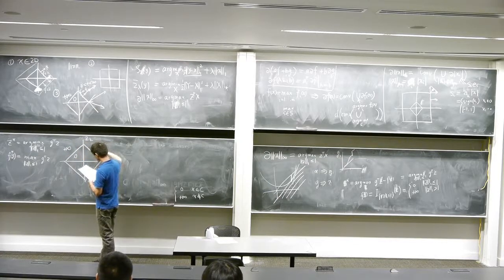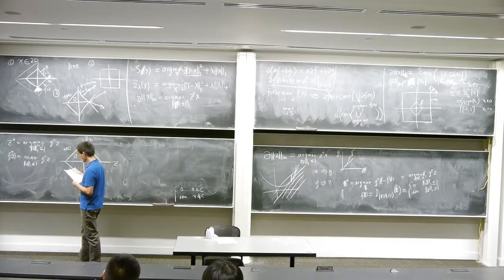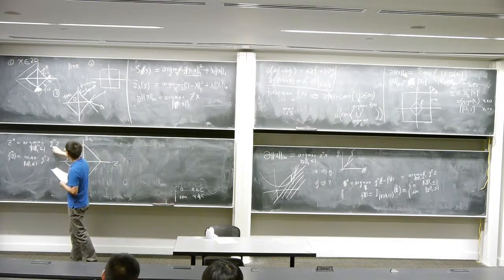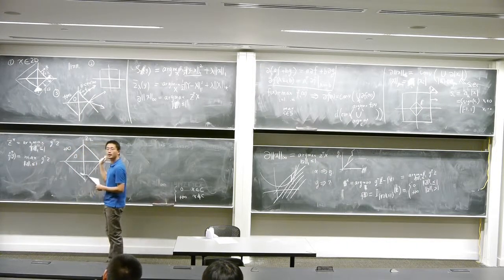So what am I doing here? This g is the tangent vector, right?